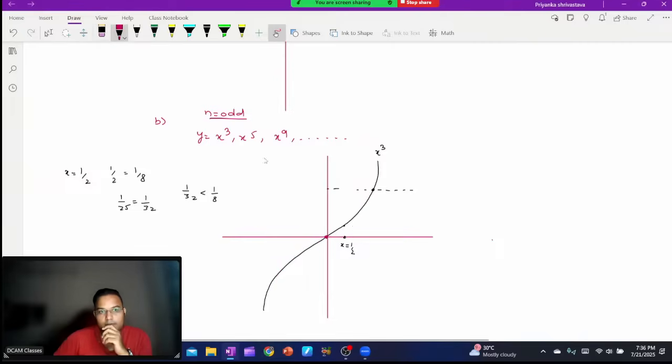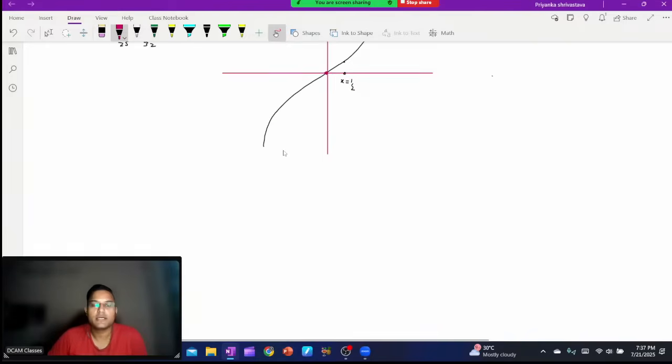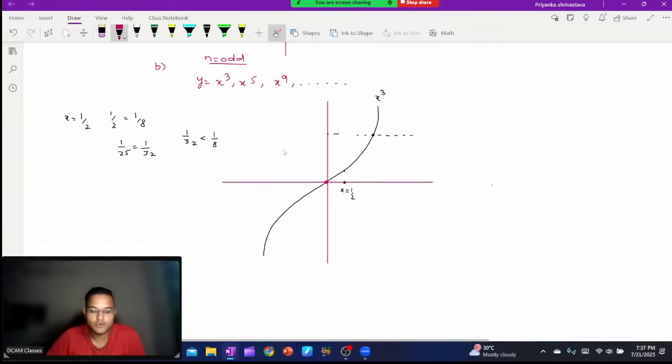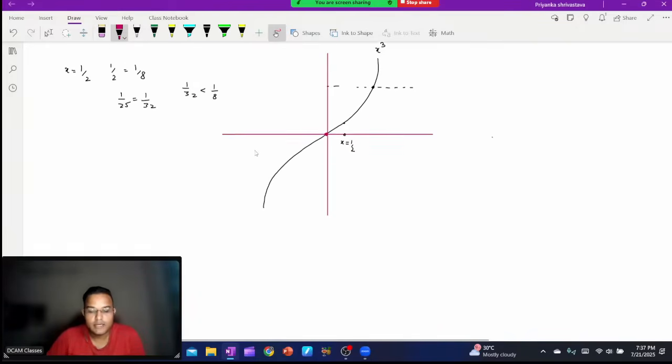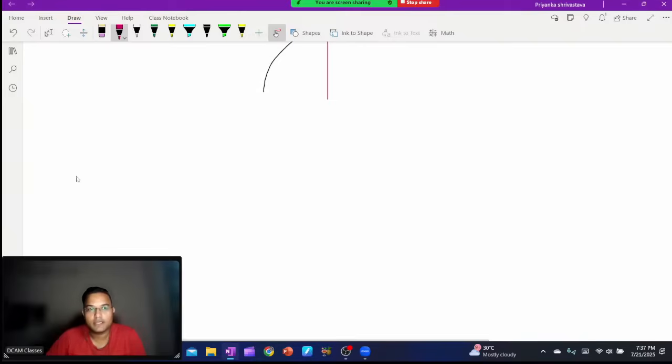Yes, no? Yes, sir. Okay, correct. Now you know how to draw the graph. Actually, I wanted you to just find out how to draw the graph.